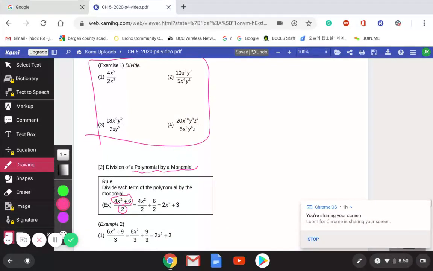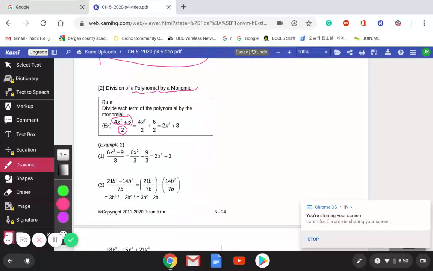Okay. Now, polynomial by monomial. As you see in this rule, when you have a polynomial on the top and a monomial in the denominator, all you have to do is separate them and do each individually.